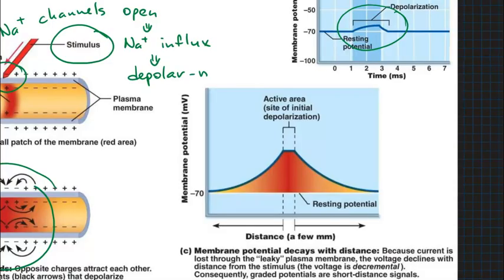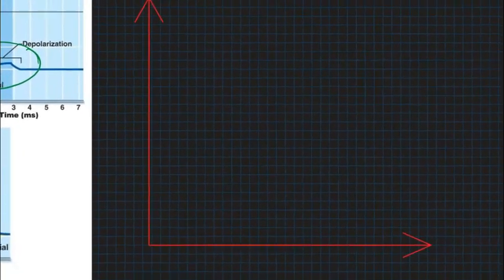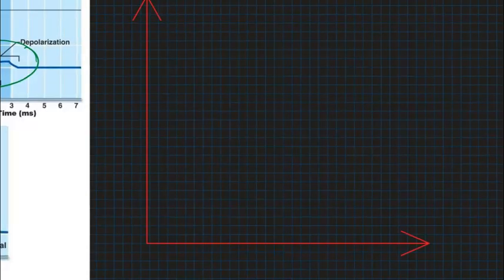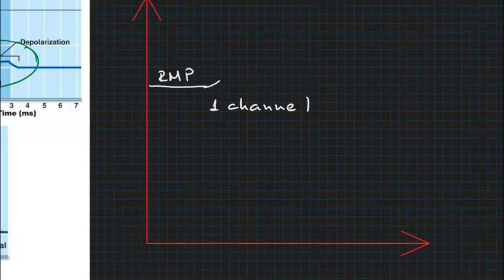One of the reasons we call this a graded potential is because it can be bigger or smaller. Let me give a very crude but simple example. Let's say that's your resting membrane potential, and you open one channel. So the cell becomes more positive and then goes away.